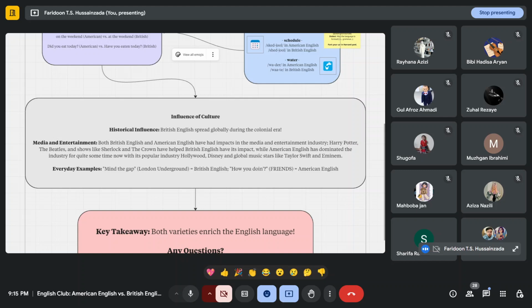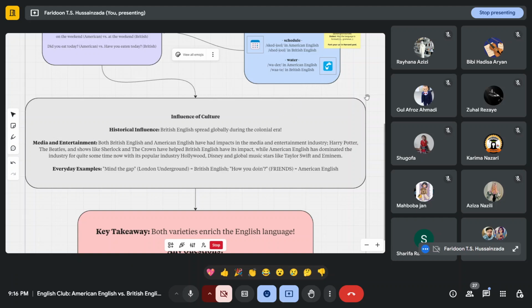I think Mahatma Gandhi was the one who technically got independence from the British at that time. So during the colonial era, British English spread like wildfire. It was pretty big. So in terms of historical influence, we can say that British English is much bigger.